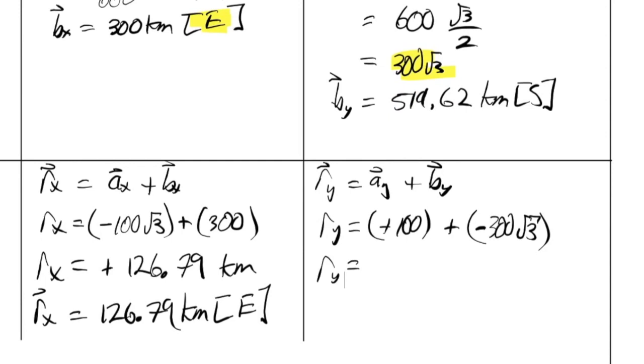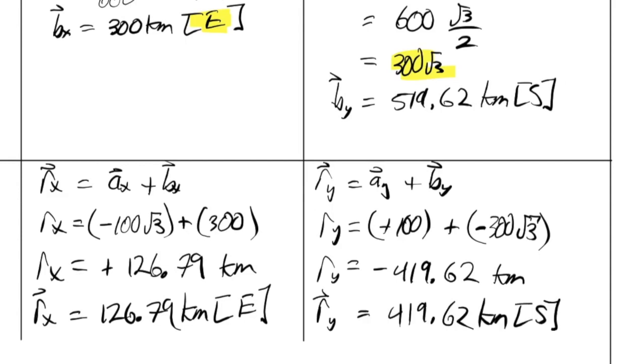So that's negative 419.62 kilometers. So that is 419.62 kilometers south. Now, if you take a look, we know that the general direction is going to be south and east, which is precisely what we got in the previous question.